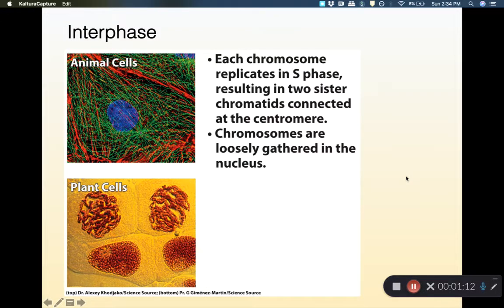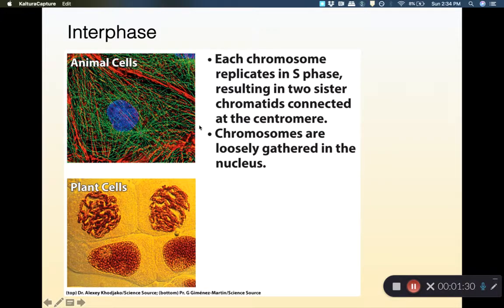So your book has a really great graphic looking at all the different phases, and so I thought I'd highlight each of them here because they really are some pretty incredible graphics, and it's really looking at actual microscopy images of both animal and plant cells at these different phases.